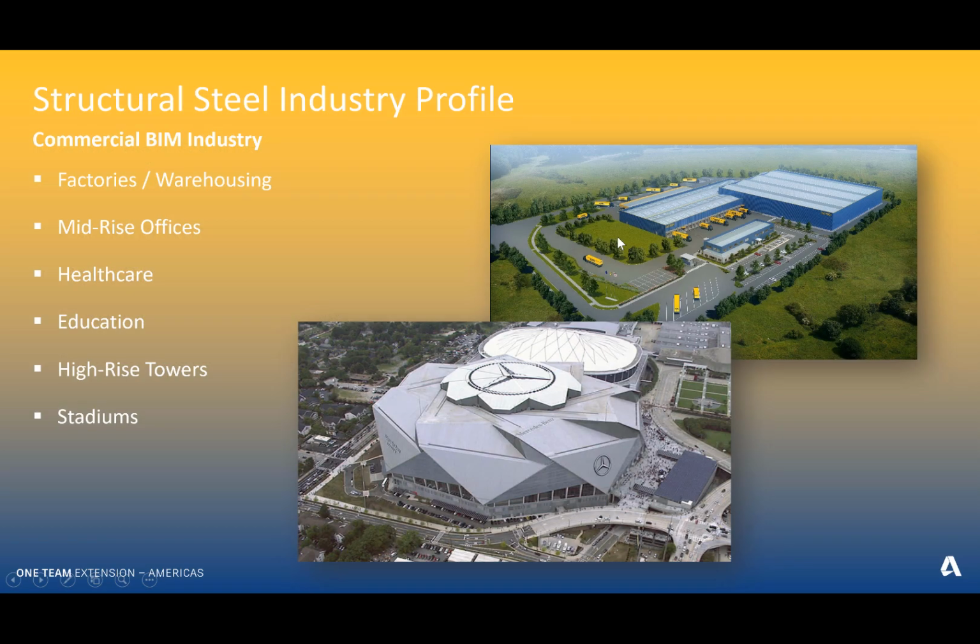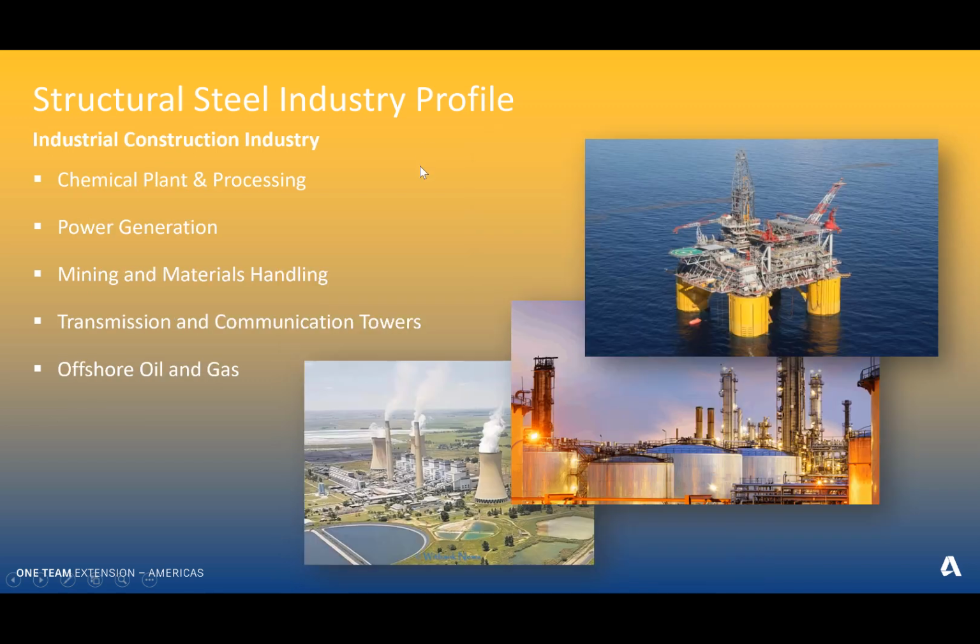All right, so a little bit about the structural steel, like the industry profile, right? The commercial BIM industry, a lot of it looks at the factories, the warehousing, mid-rise offices. These are typically projects you're going to see for structure, right? Healthcare, education, the high-rise towers, and the stadiums. We also have, though, the chemical plant processing, power generation.